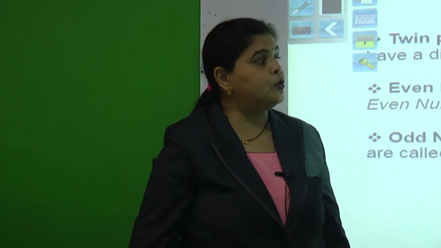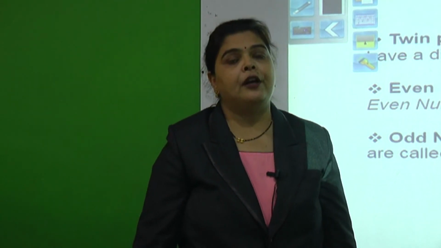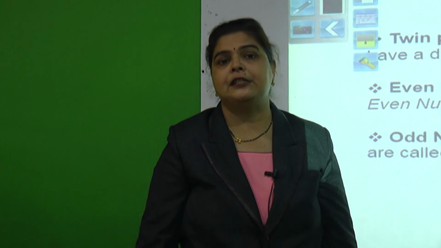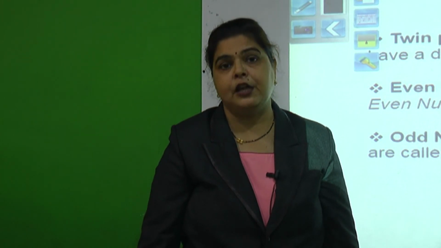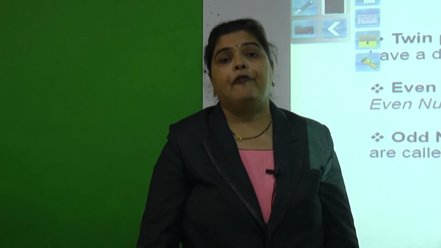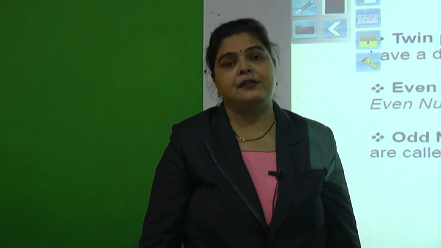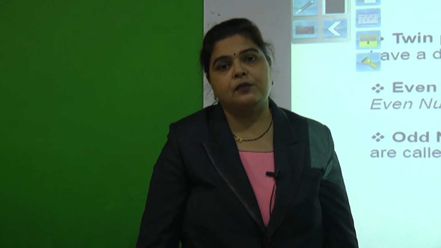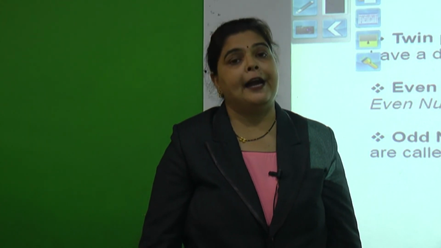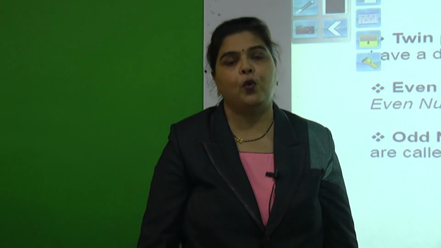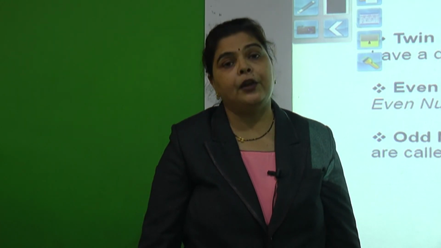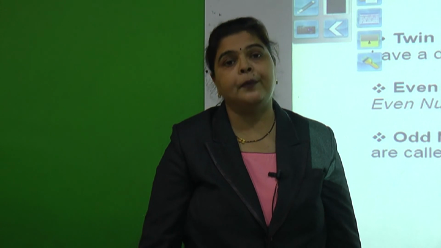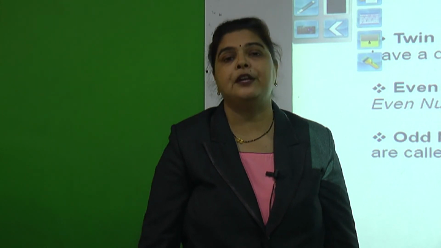Now I think everyone has understood what we had learned in this chapter. Already I have summarized, and I hope everyone has practiced the story sums, which I had explained similarly. You can create your own sum, write your own numbers, and find the divisibility rules.